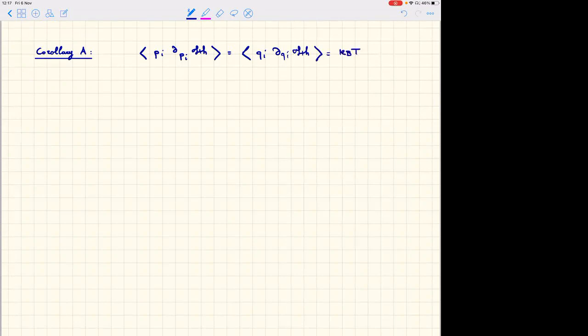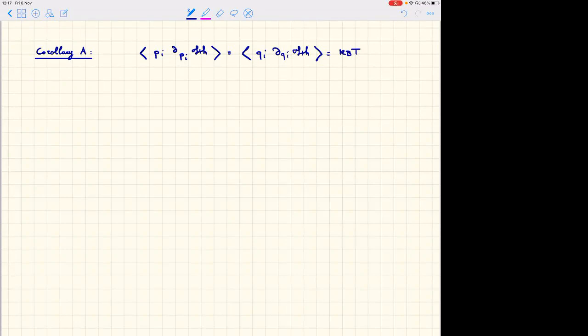Well, first of all, since we are playing the game of being mathematical, let's write a corollary, A. So corollary A is that Pi dPj H, or Pi dPi H, is equal to Qi dQi H, which is equal to kBT. This is always equal to kBT.